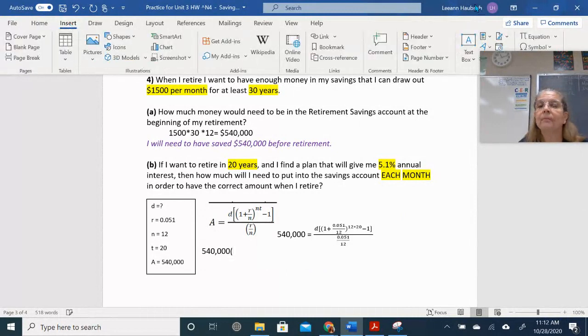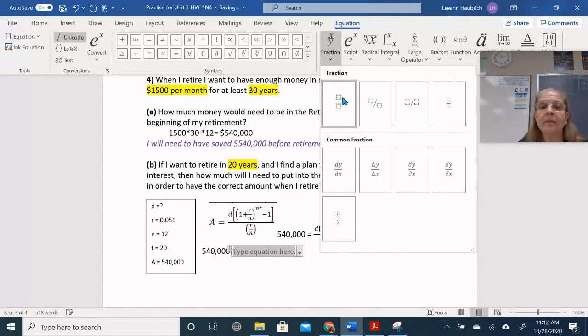So I just want to make sure that we all see the same thing.